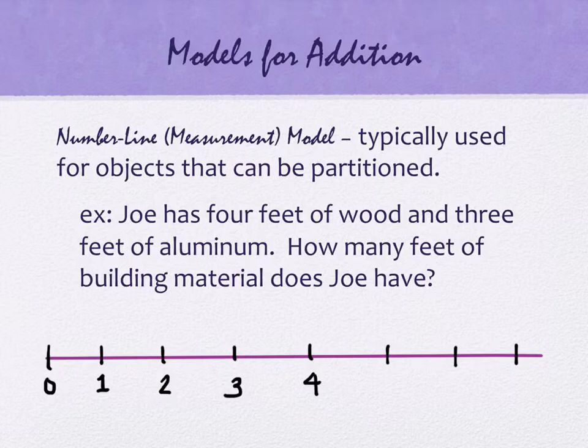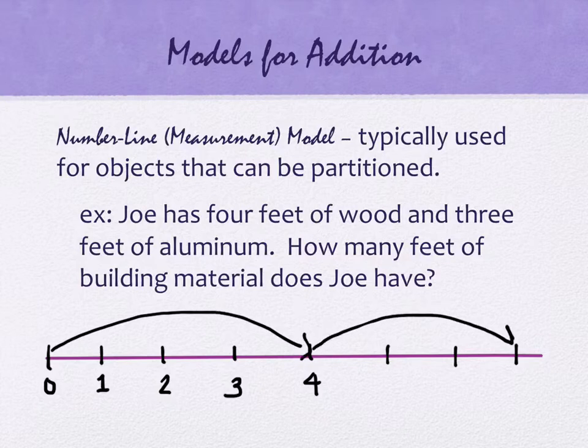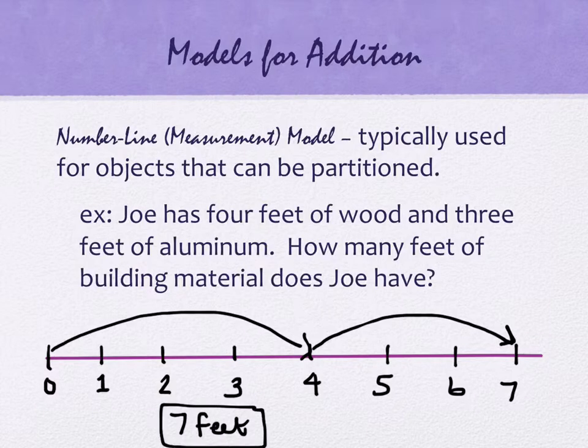So we have, and if we're counting over, this is sort of like we've counted over to 4, and we've counted 3 more over, and the question is, where do we end this discussion? Well, 5, 6, 7. The answer is 7, so he has 7 feet of material. You're not counting the objects, you're counting the length of the objects.